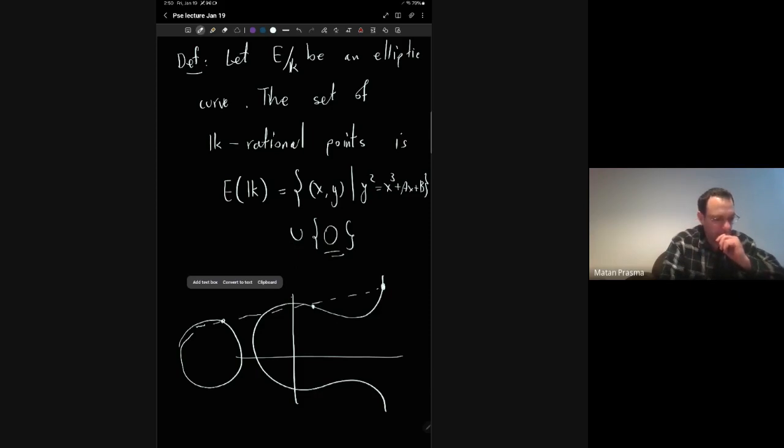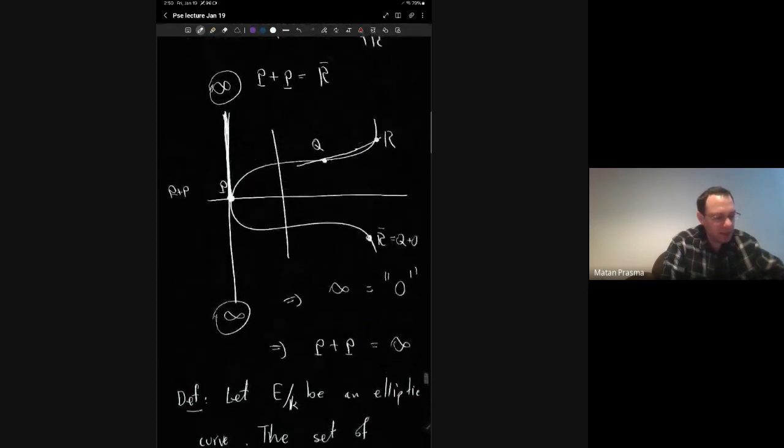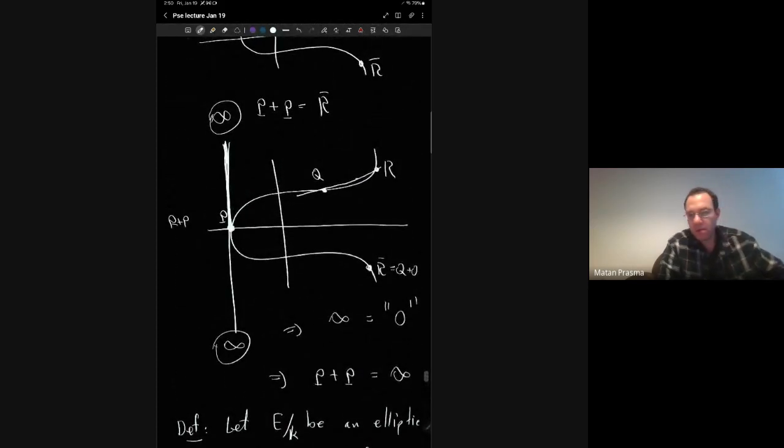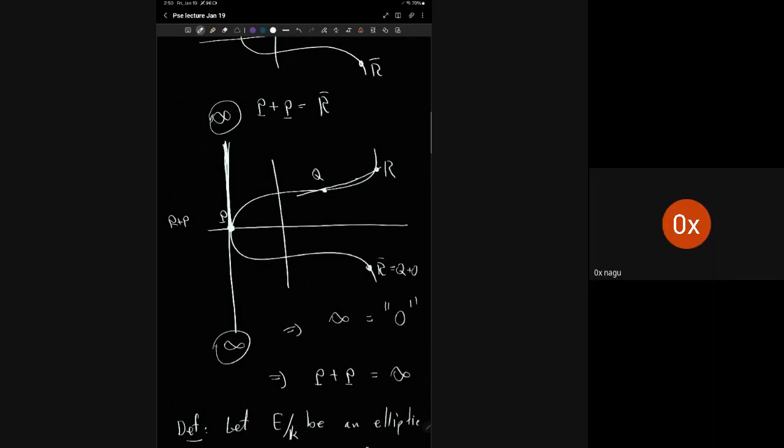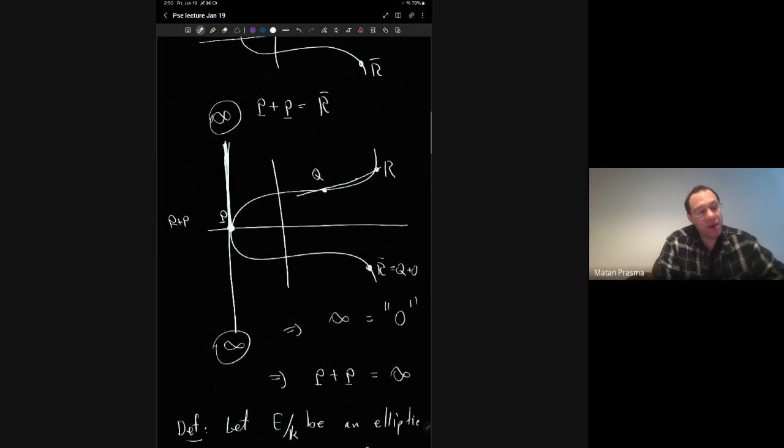So in a way, this point at infinity is a neutral element that's ensuring the closure property on the group. Yes, and we have to have it because we cannot have any group structure otherwise.